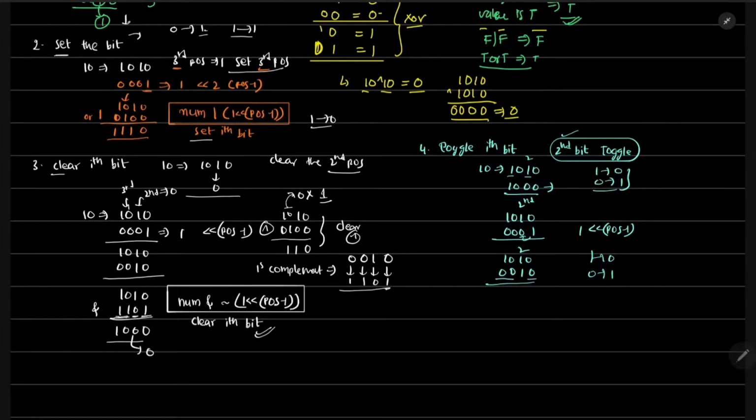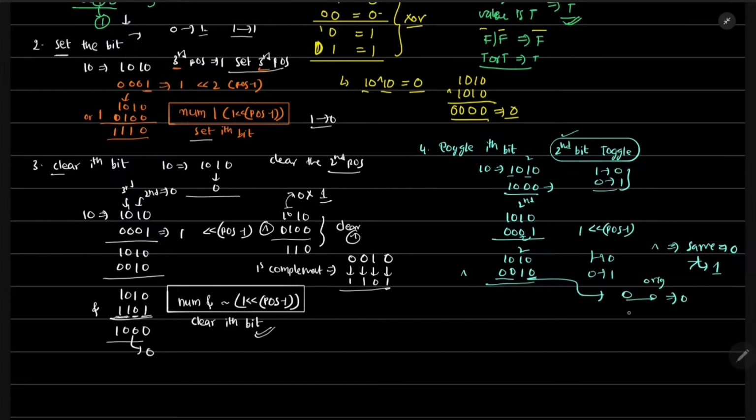So what if I use the XOR operator? So XOR operator, what does it do? XOR operator basically, if it is same, it converts to 0. If it is different, it will convert to 1, right? So I have 0 here. What if the original number has 0? It is same, right? So it will be 0.